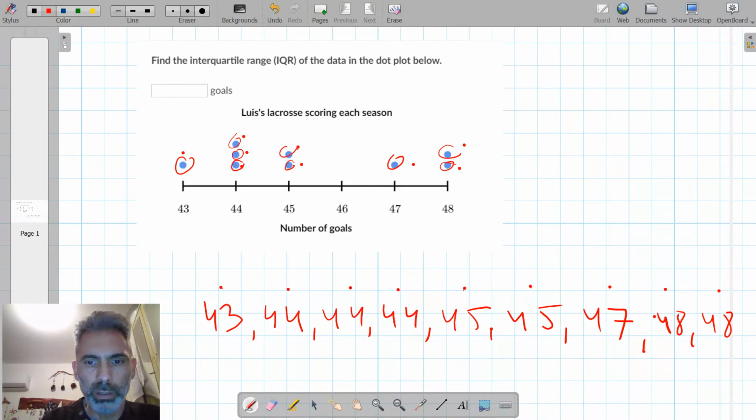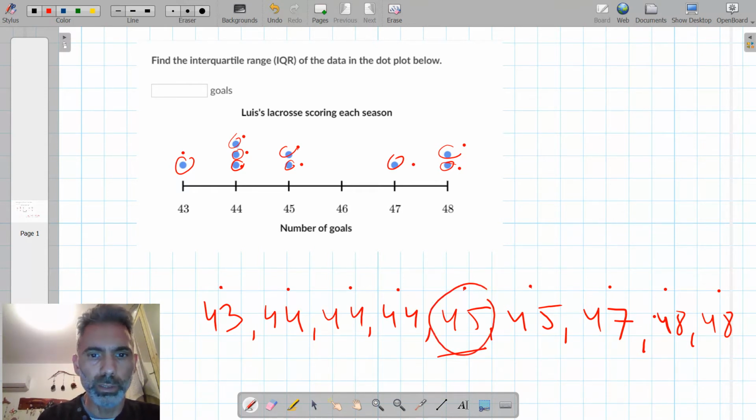Okay, so it means that the median is 45. It has 1, 2, 3, 4 data points to the left, and 1, 2, 3, 4 data points to the right.